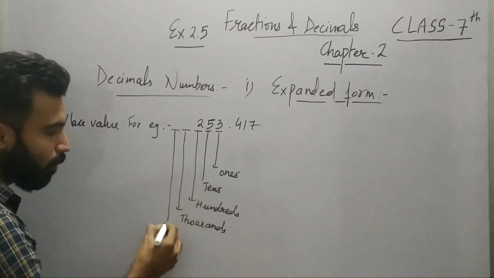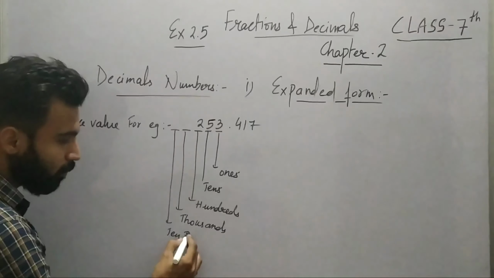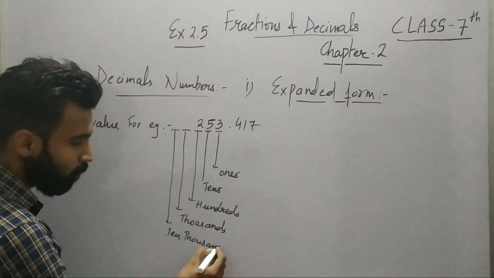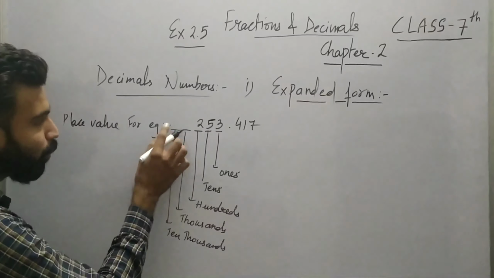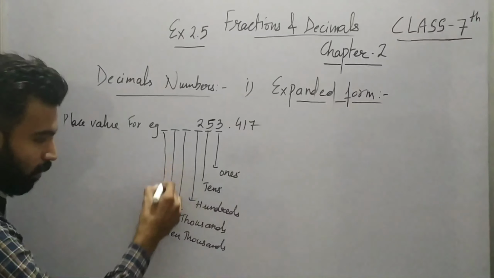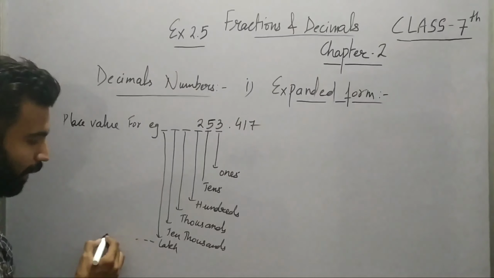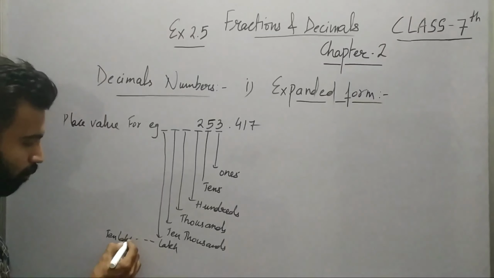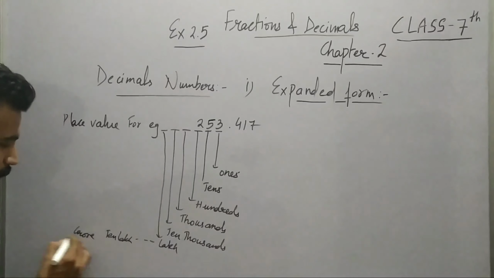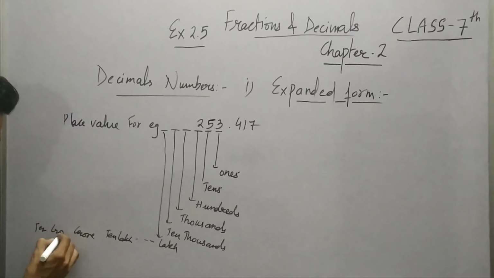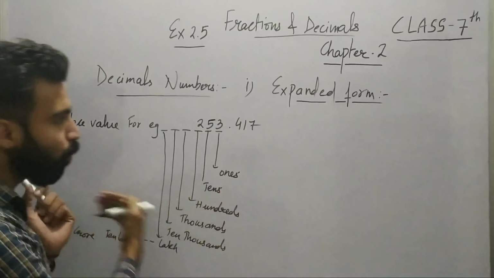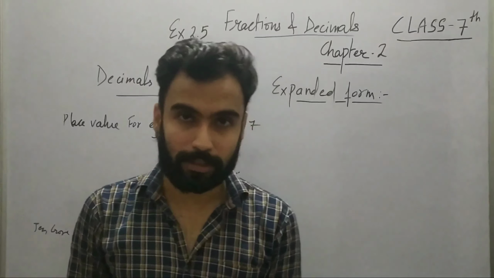More, then will be 10,000. Then if there is another one, there will be lakh, and so on. 10 lakh, then crore, then 10 crore. So this is how it moves on the left hand side, right?